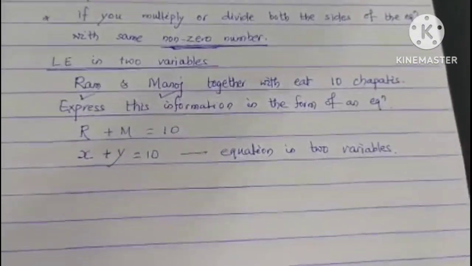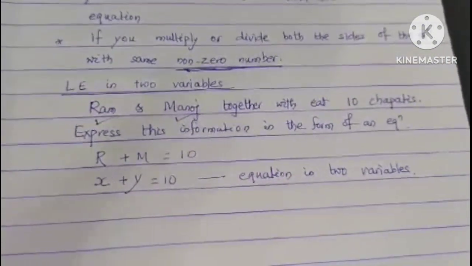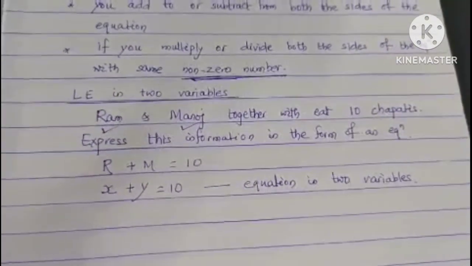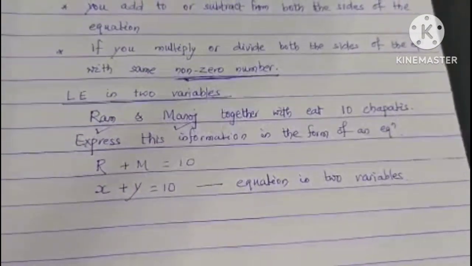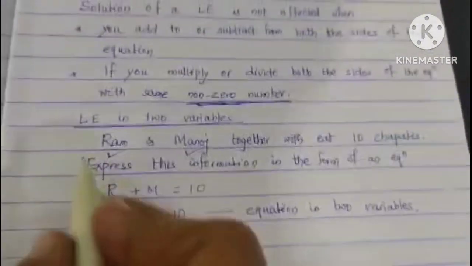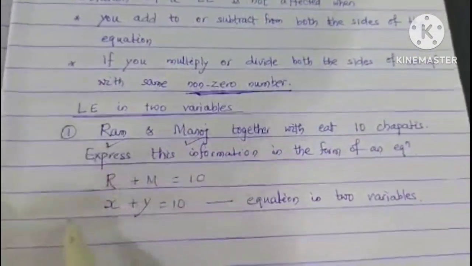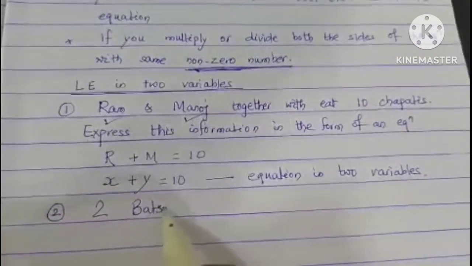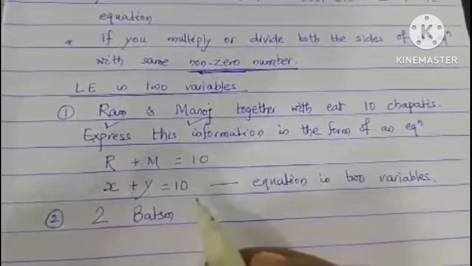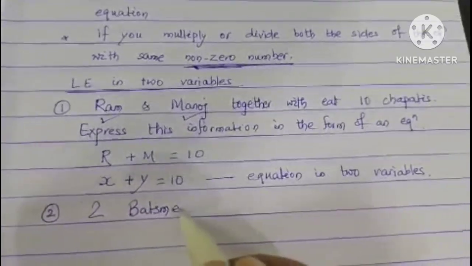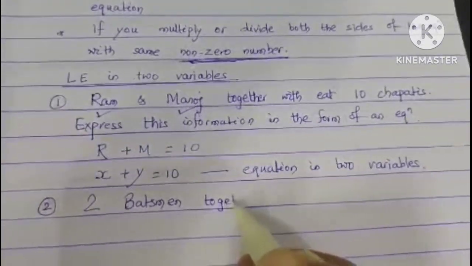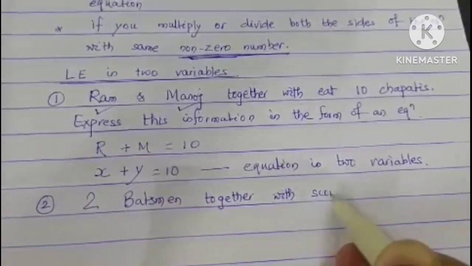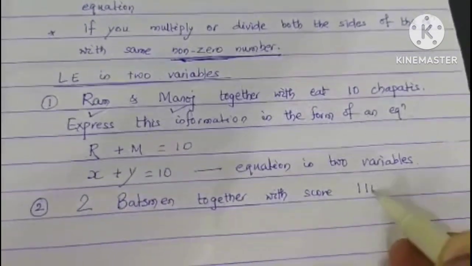Similarly, you can think of lots of examples. Like this: suppose two batsmen together score 110 runs.